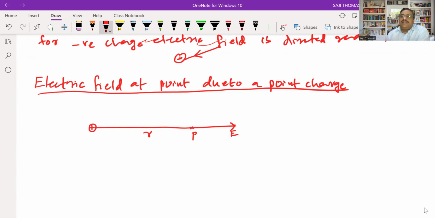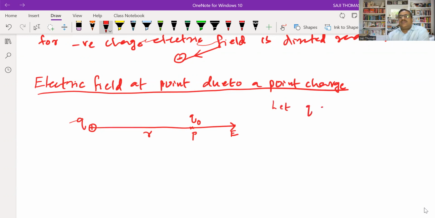To find the electric field, what we have to do? We have to bring a test charge and place it here. Suppose the test charge I am placing here is Q0. Q0 is the test charge. This Q is the source charge. Now you can calculate the force between them. Imagine these are placed in vacuum.